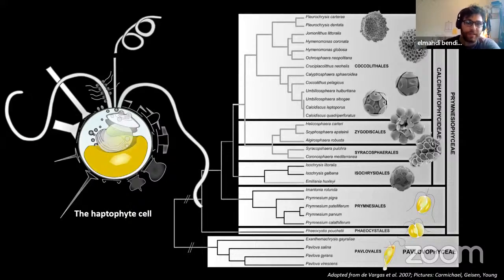It is quite unique in the living world. And the phylogeny of haptophytes had been, let's say, mentioned as resolved in the early age of phylogenetic analysis. It's not really true, in fact.